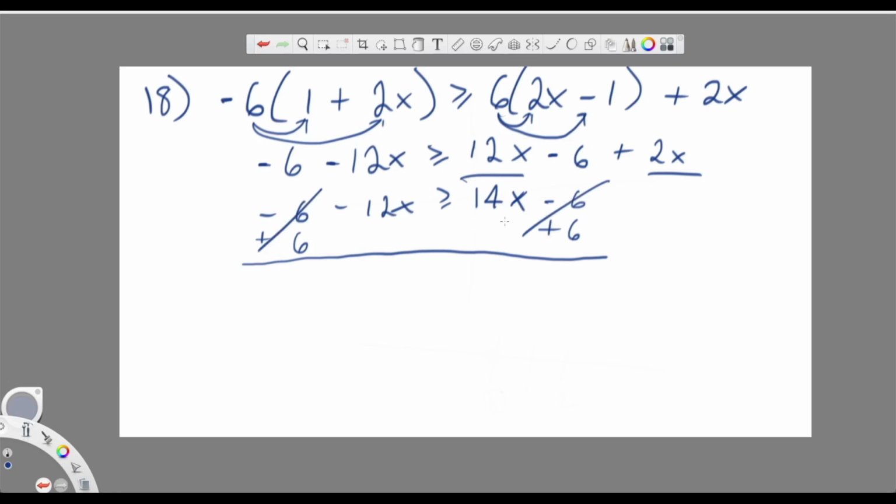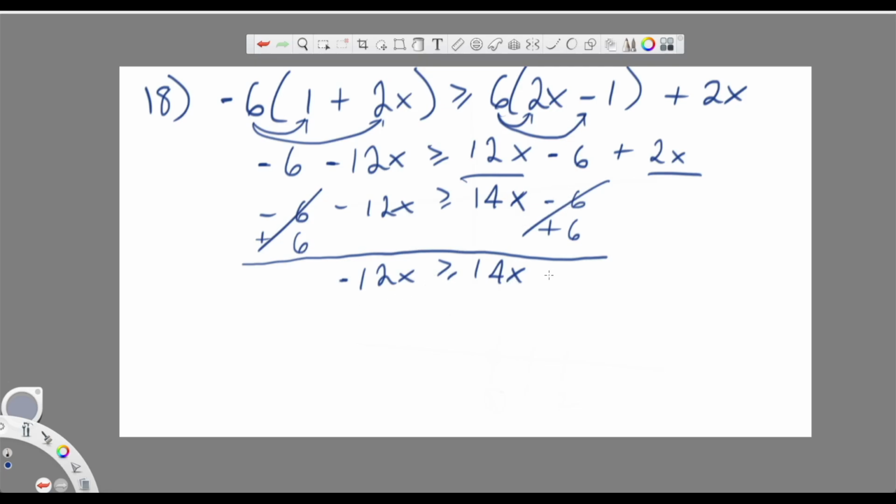It might seem confusing at first, but if you just follow the principles and the rules of algebraic equations, you're going to get the correct answer. So we're going to get negative 12x is greater than or equal to 14x. All we did is drop everything down and cancel out negative 6, sorry.